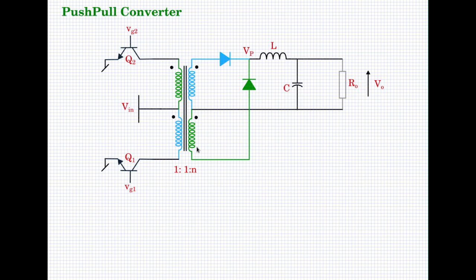So you see here, when Q1 is on, the dot end is positive. All the dot ends are positive. So the blue dot end is the only portion of the coil which can pump energy into the inductance in this fashion. There is no other circuit which can possibly pump energy during that time.